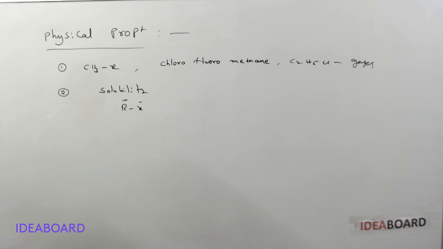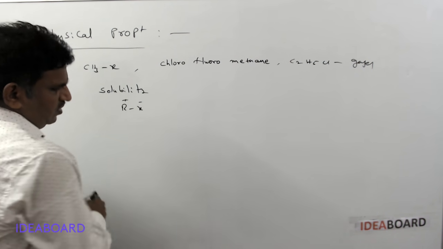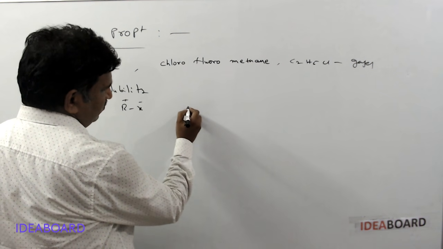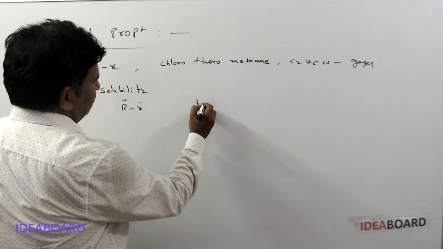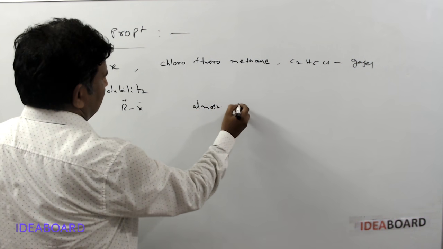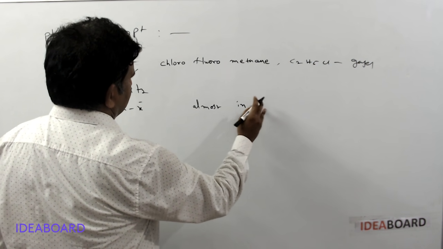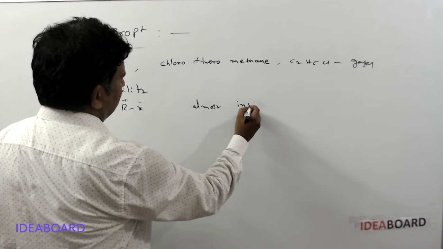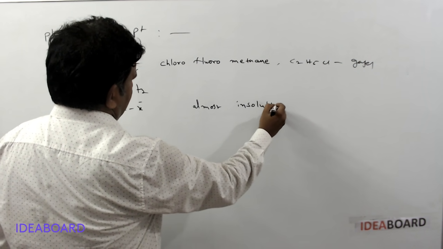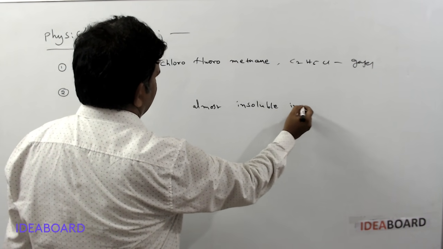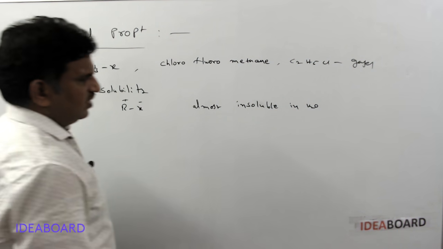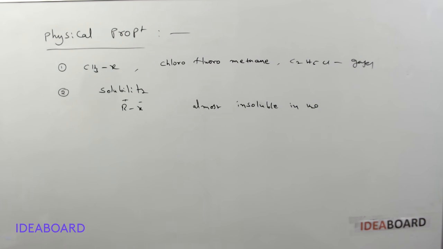But here they are less polar and they are almost insoluble in water. Why are they almost insoluble or less soluble in water?